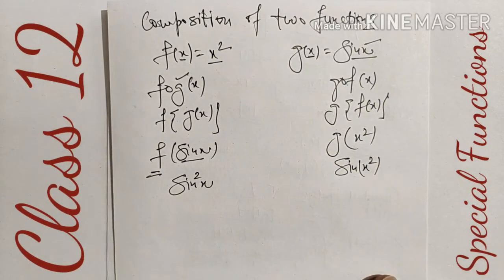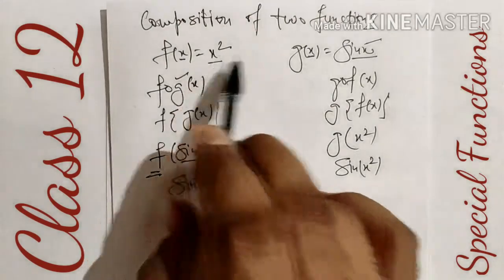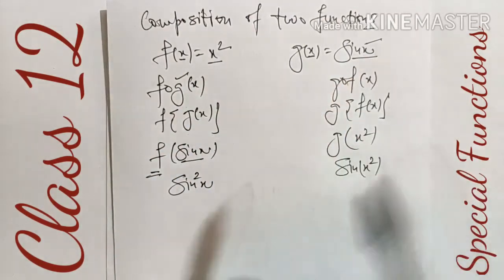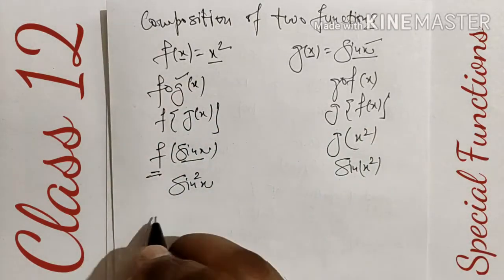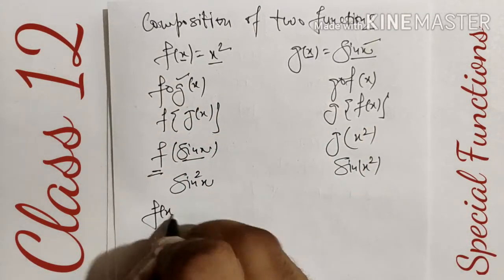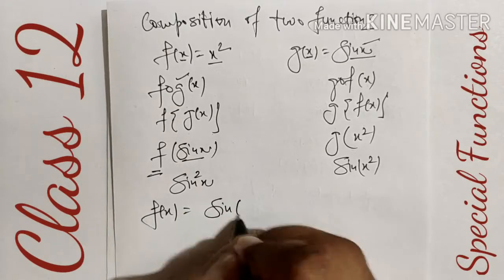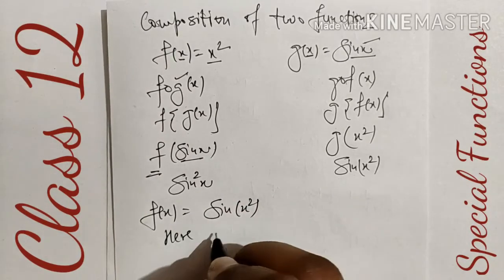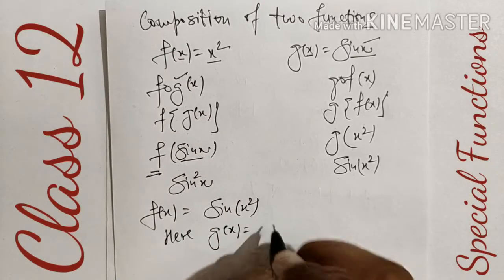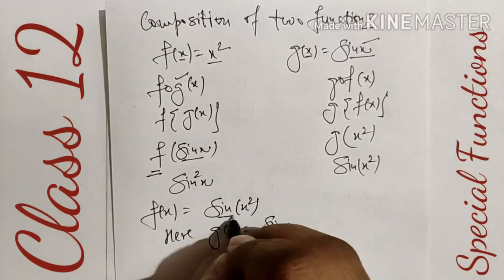First of all, we have to identify which type of two functions are there. For example, we have f of x given by sine of x square. Here the first function is sine of x, a trigonometric function.